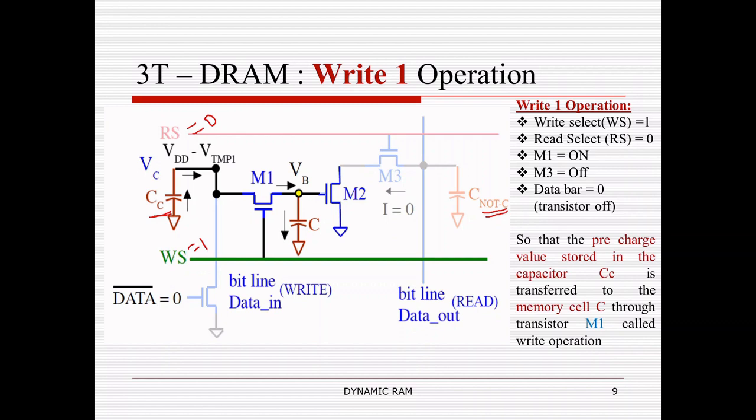With the help of MP1 and MP2 transistors, we set the initial condition in CC and C naught C. Since write select equals 1, transistor M1 becomes on and M3 becomes off. That C is called the memory cell. Since transistor M1 is on, the data line voltage level, VDD level, is stored across the capacitance C through transistor M1. So this is called a write 1 operation on the 3 transistor dynamic RAM configuration.